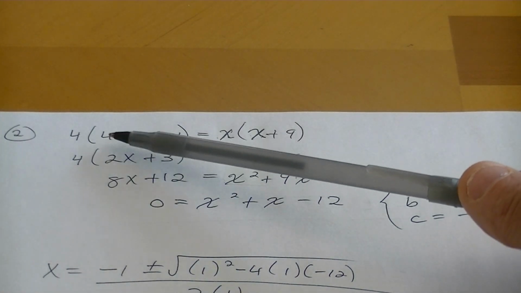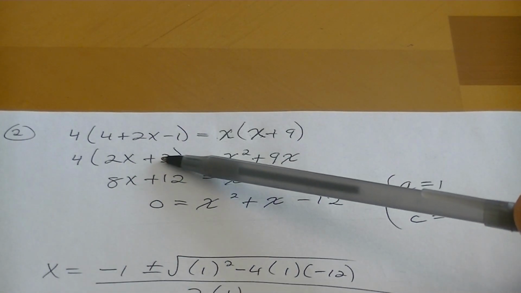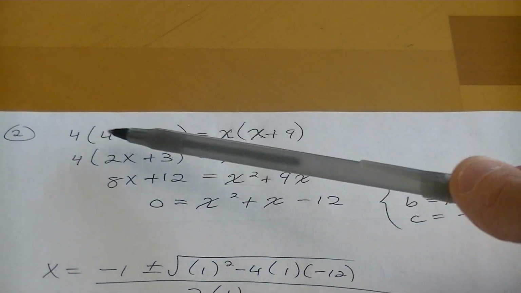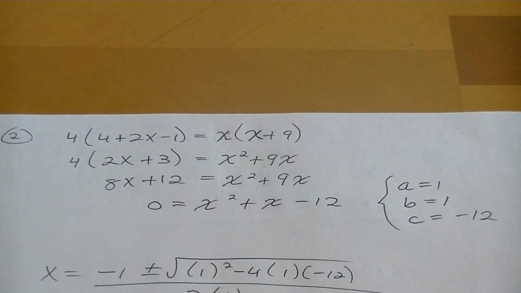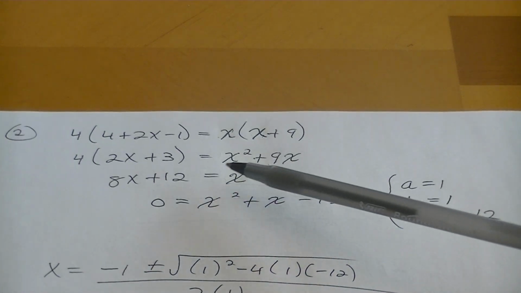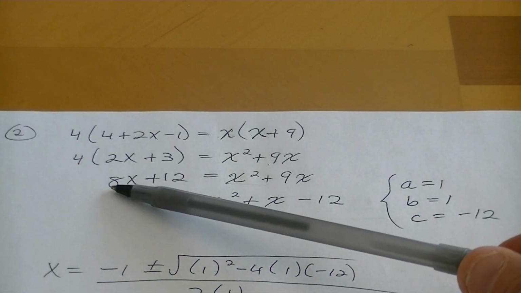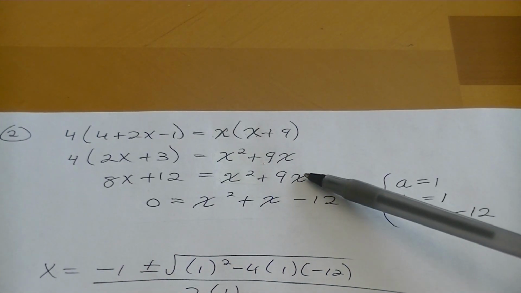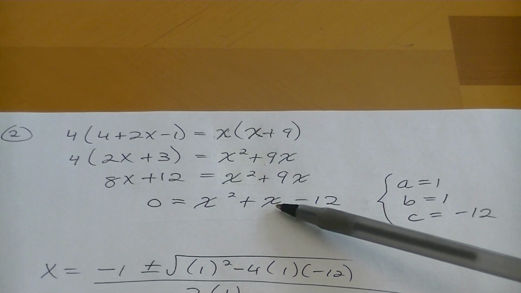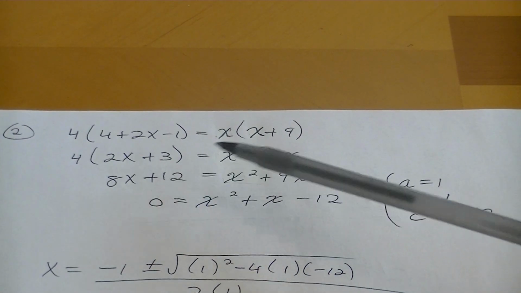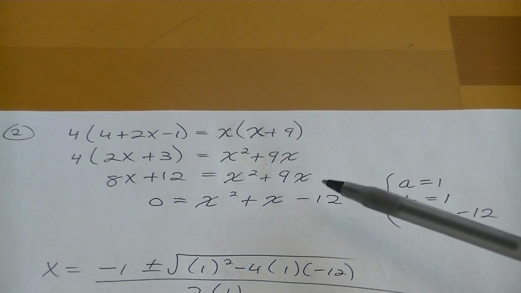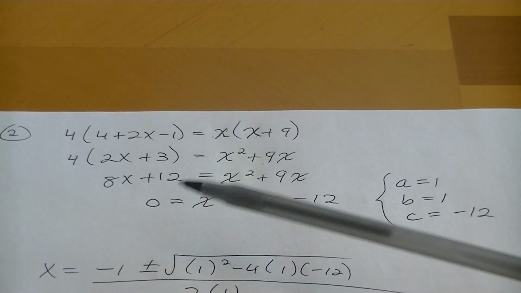I combine my like terms, 4 minus 1, 3. I distributed the 4 on this side and the x on this side. Quadratic, so get everything on one side. I subtracted 8x from both sides, which is why there's now only 1x here. I subtracted the 12 from both sides, which is why there's a minus 12 over here. That got me my 0.